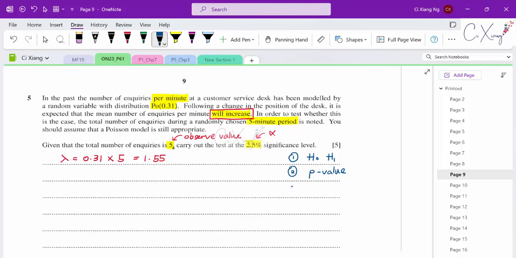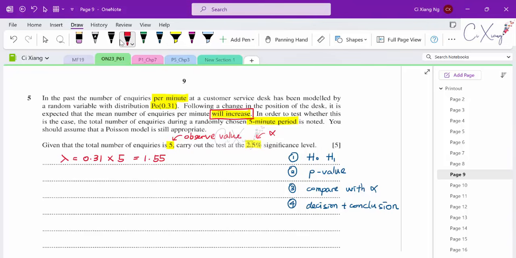After you get the p-value or the probability, then the next step is you compare it with alpha, which is your significance level, and after that you make a decision with conclusion. Okay, so basically these are the general steps that you need to show in carrying out the hypothesis test.